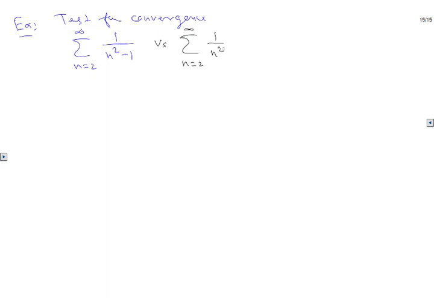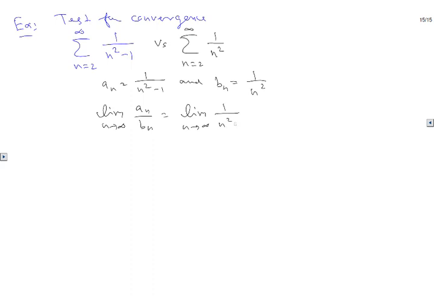In this case, an equals 1 over n squared minus 1 and bn equals 1 over n squared. Take the limit as n goes to infinity of an over bn. Because it's a division, we make it upside down.